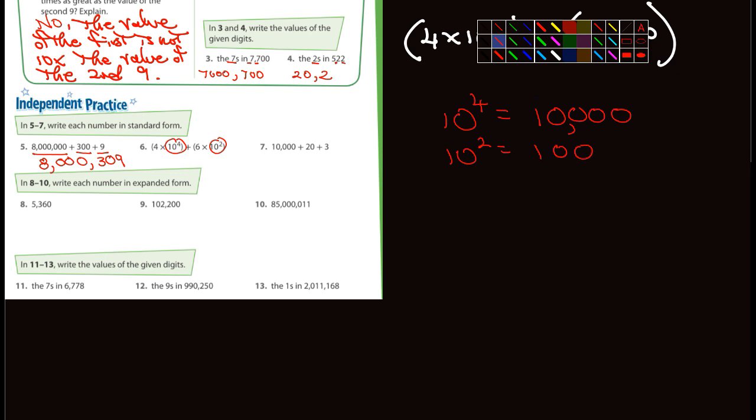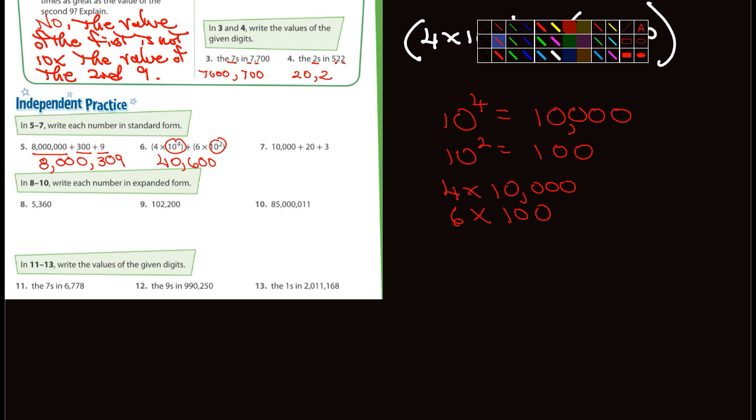So if I was to take this right here and rewrite it, if that would help you guys, it would be 4 times 10,000 plus 6 times 100. How would I write that in standard form? That would be 40,600. Okay.